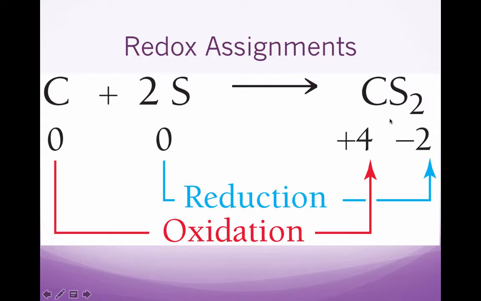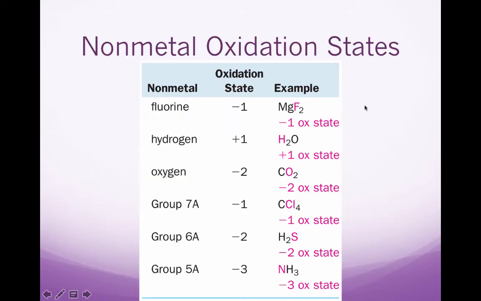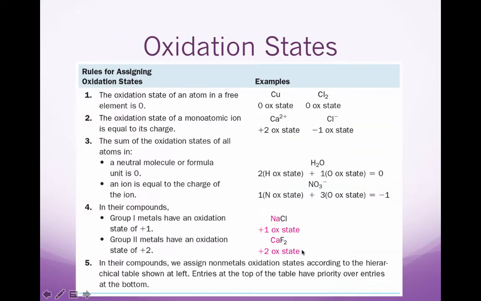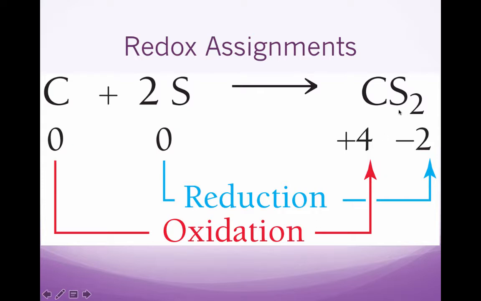Over here, we assign sulfur before we assign carbon based on these rules. Sulfur is above carbon. So we know sulfur is -2. The sum of these oxidation states must equal 0. Since I have 2 sulfurs, I have 2 times -2 charges. So carbon's oxidation state must be +4. 4 plus 2 times -2 is 0.